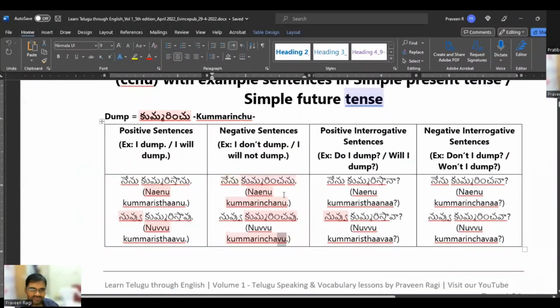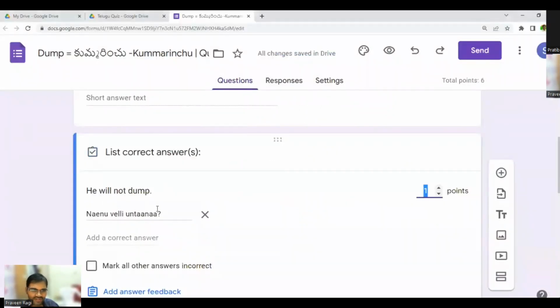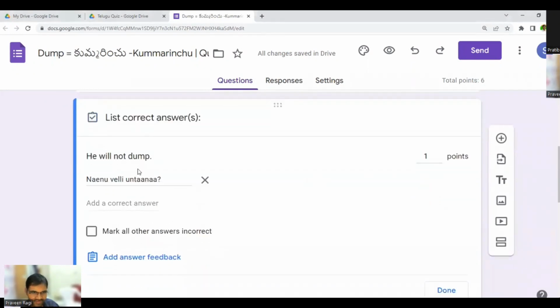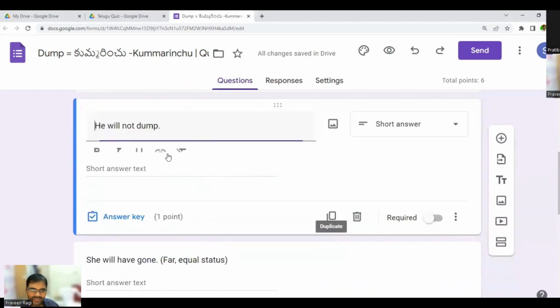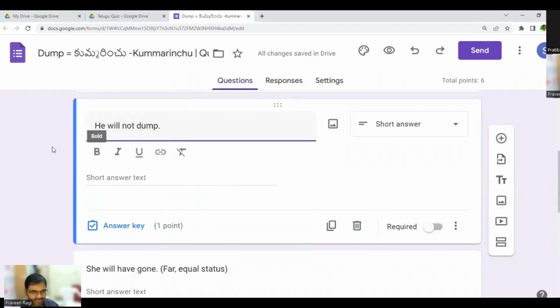నేను కుమ్మరించాను. This is I don't dump. If I want to say he will not dump or he doesn't dump, you need to remember the meaning of he first. అతడు.